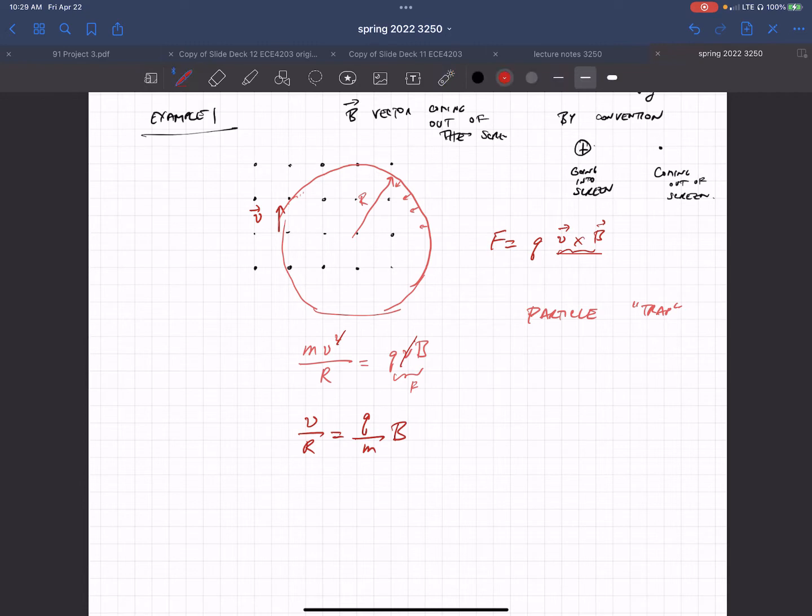In addition to that, let me talk about something called angular speed that you are all familiar with.